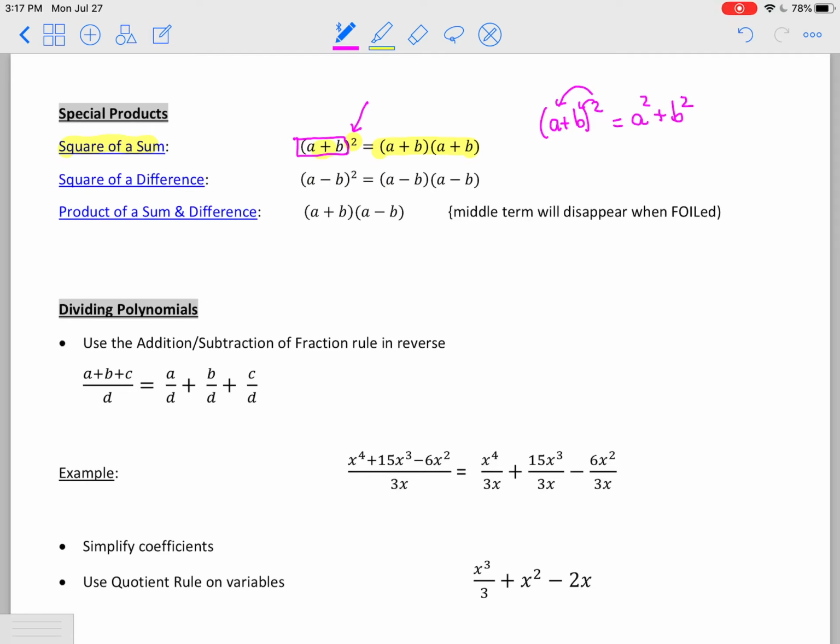And that's not true. We don't actually distribute this exponent across that addition. We can't do that. Okay, so this is definitely not true. Be careful of that.